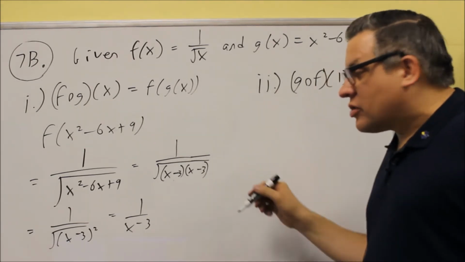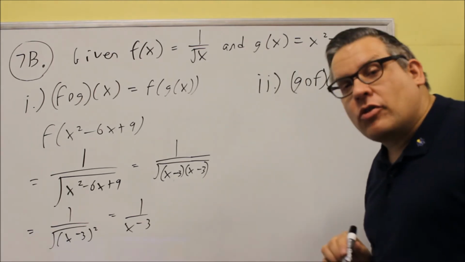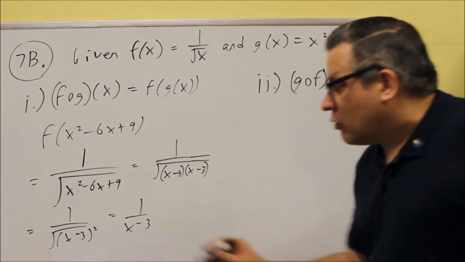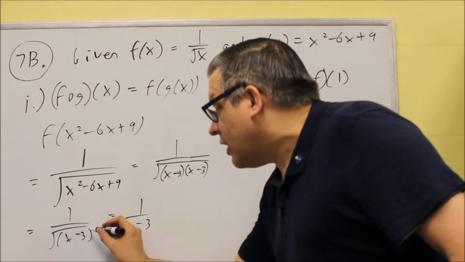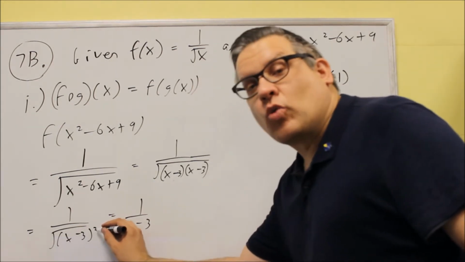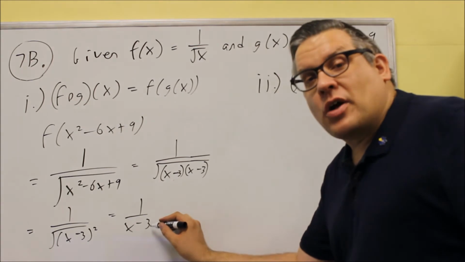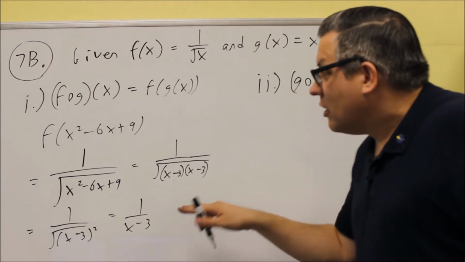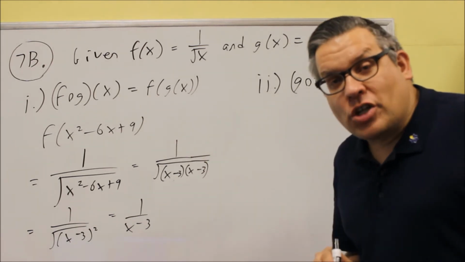So you can't just square the top and bottom and get rid of it. That wouldn't give you the right answer. The reason why the square root goes away is because this square root will cancel the square there, leaving x minus 3 to the first power. So this 1 over x minus 3, that would be your answer for f of g of x.